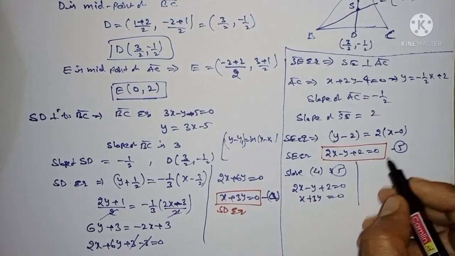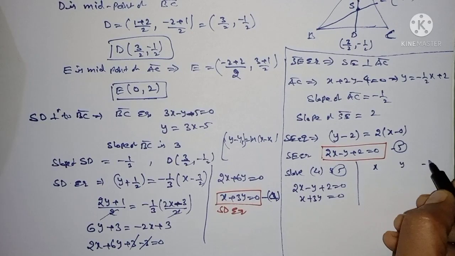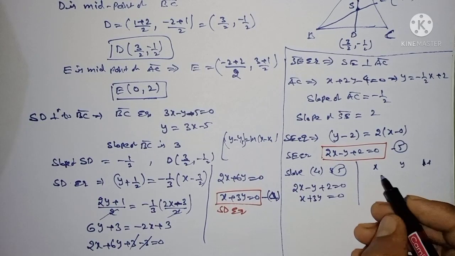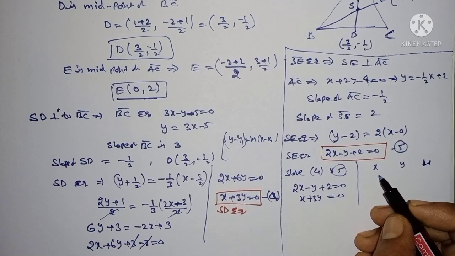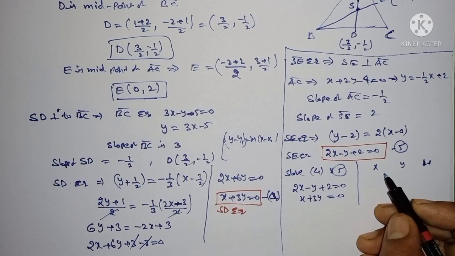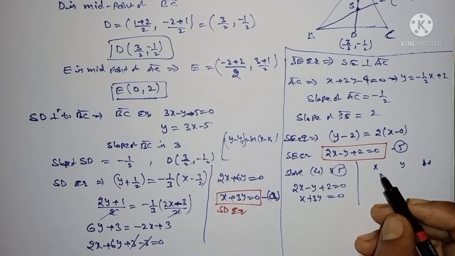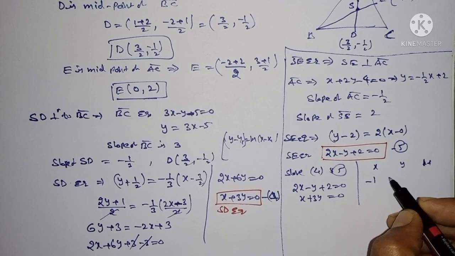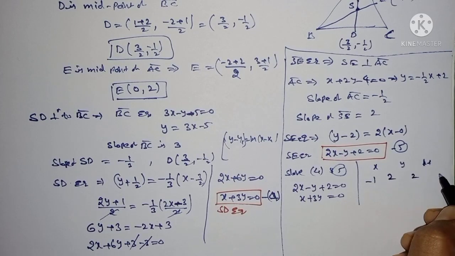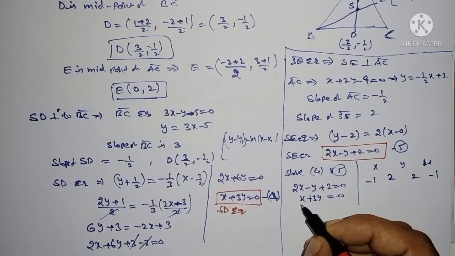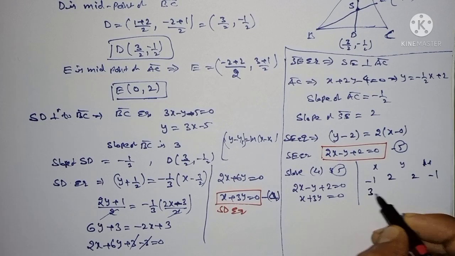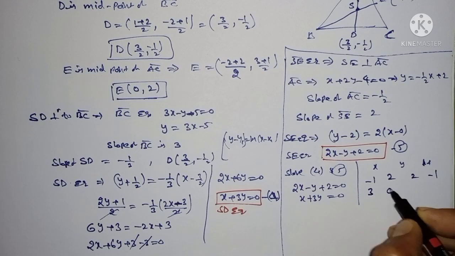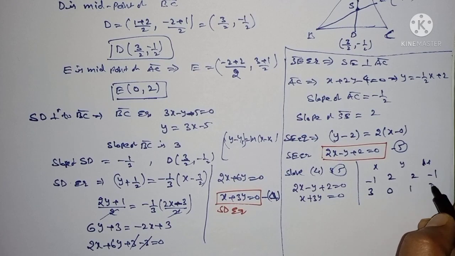Okay, I am using the formula x, y, 1. Therefore, I can write here the coefficients: 2, minus 1, 2, and 1, 3, 0.